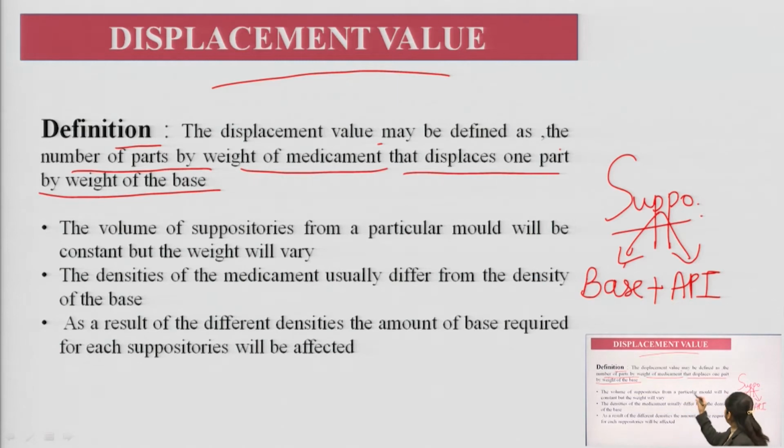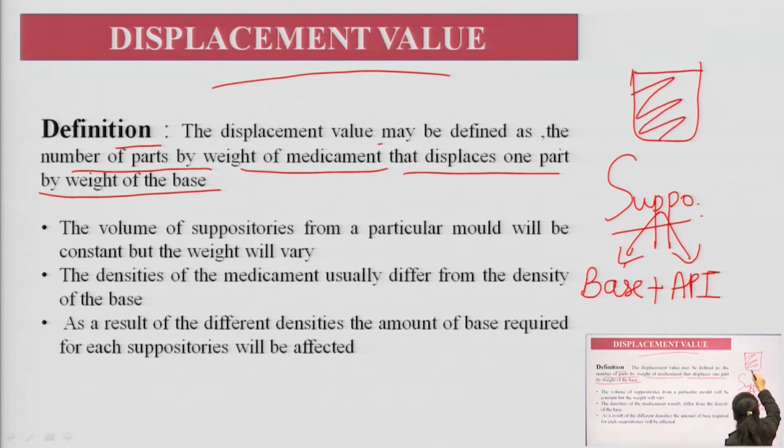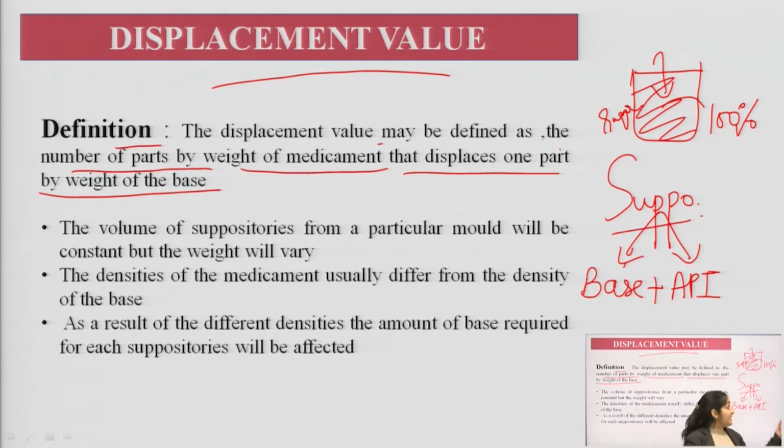Instead of that, first let me help you understand what displacement value is. For example, if I have a glass and this glass is completely filled with water, can I say that this glass has 100% water in it? Yes, definitely. Now, if I add a certain amount of sugar in it, this sugar is going to displace a certain amount of water.